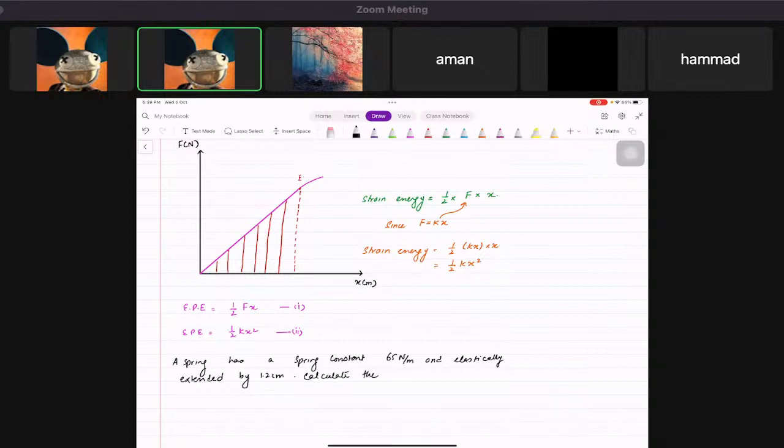Calculate the strain energy stored in the spring. Okay, now.